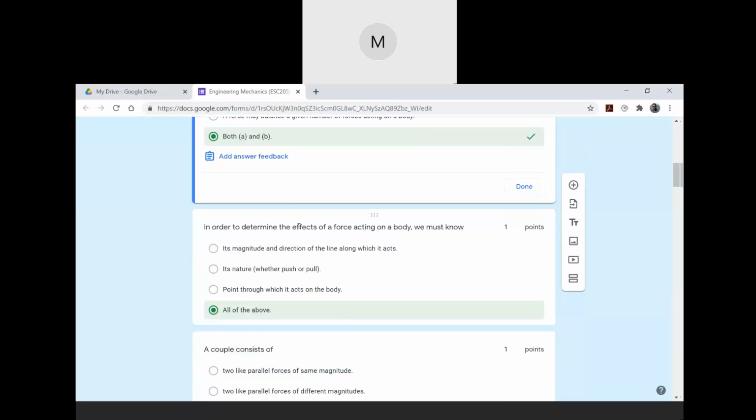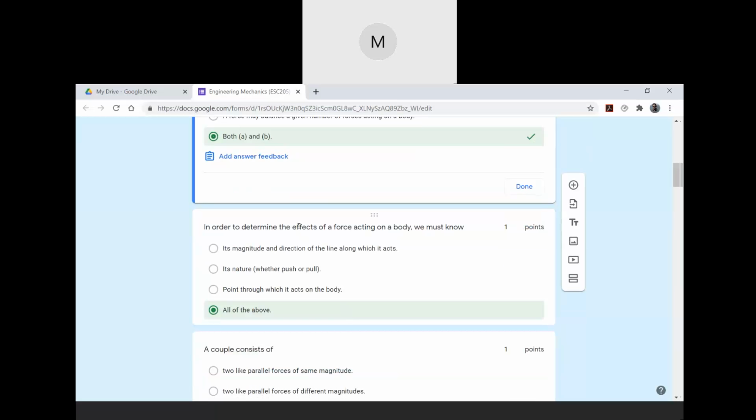So what is required to know or to determine the effect of forces that are acting on a body? First of all is what? Magnitude and direction. That means the magnitude, the amount of force that is acting, and the direction in which it is acting.